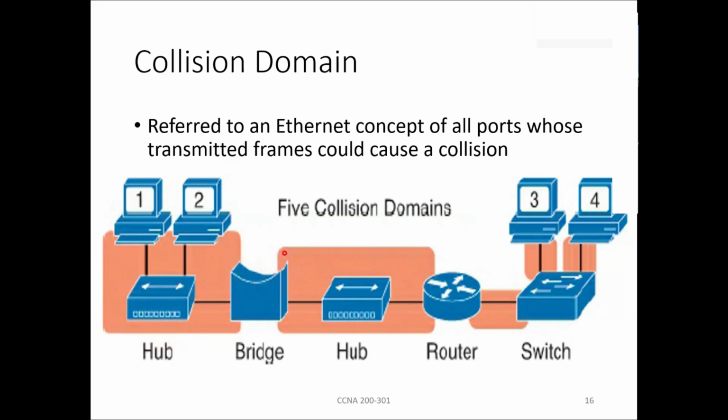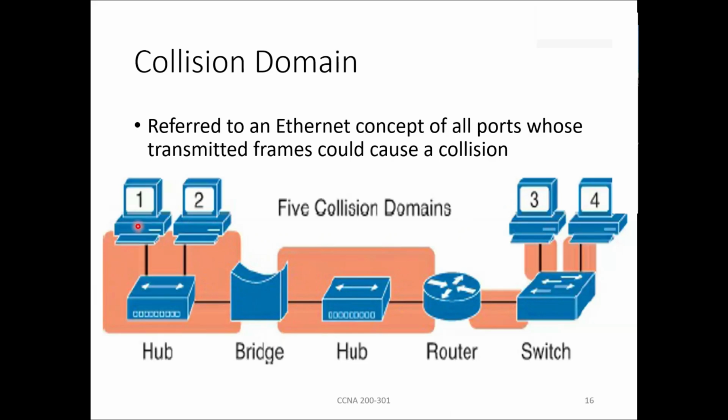And you can see that we have another hub in here. In order to stop the collision domain, we have a bridge in here. A bridge can separate the collision domain. So collision domain means, let's say, if PC2 sends some information to PC3, PC1 will get that frame as well.